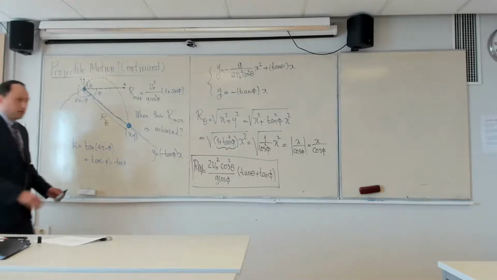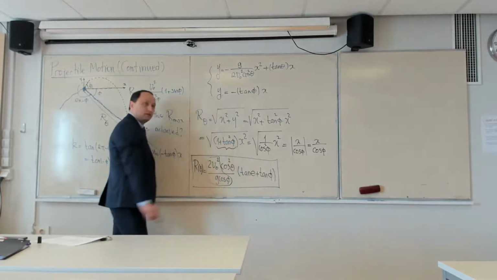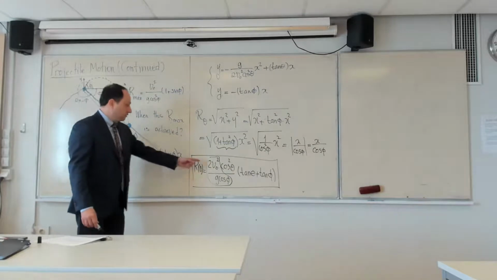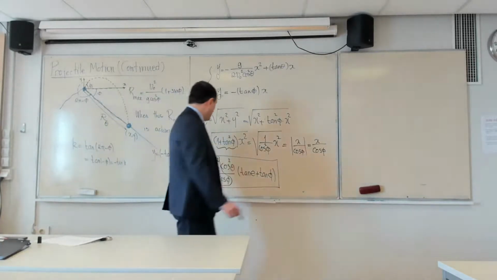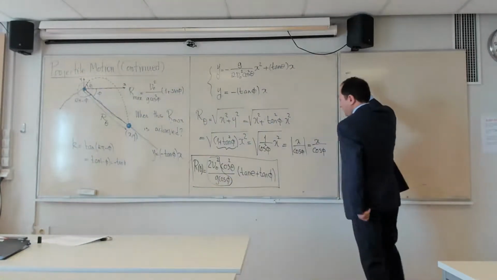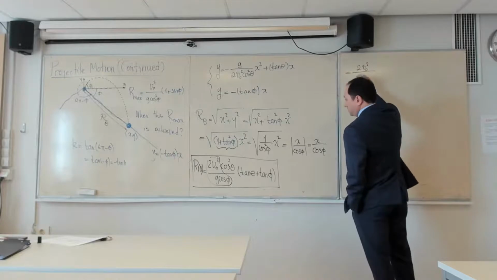Let us multiply, yes? Because this one is a constant. Don't bother yourself with this one. 2 V naught G cosine phi is a constant. So I multiply this inside. So this becomes 2 V naught squared divided by G cosine phi. Let us do it in our head.